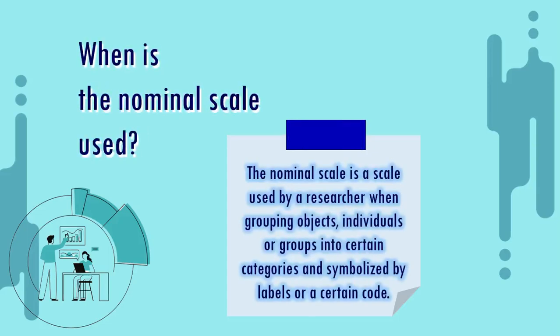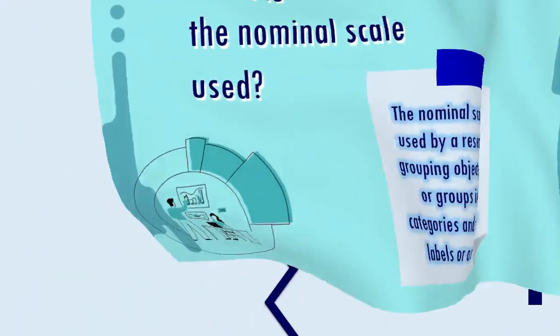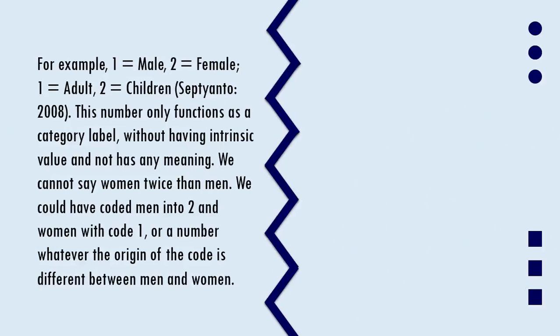The nominal scale is a scale used by a researcher when grouping objects, individuals or groups into certain categories, symbolized by labels or certain codes. For example, 1 for male, 2 for female, 1 for adult, 2 for children.